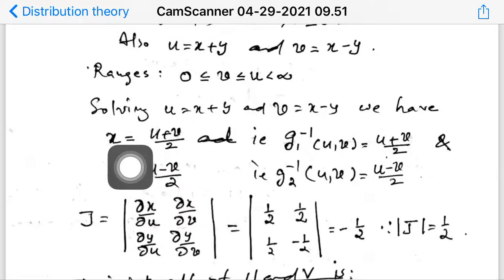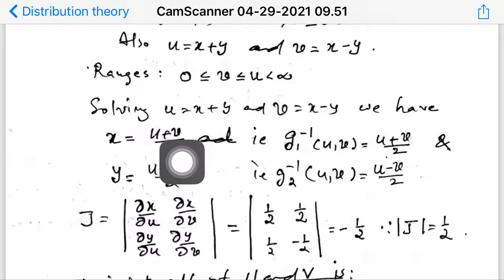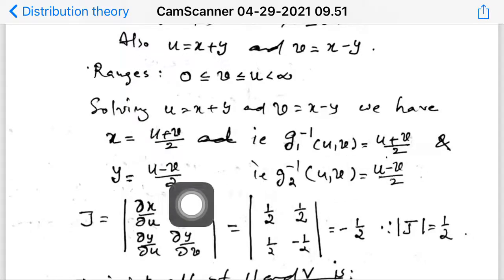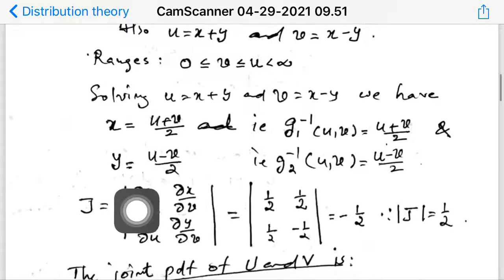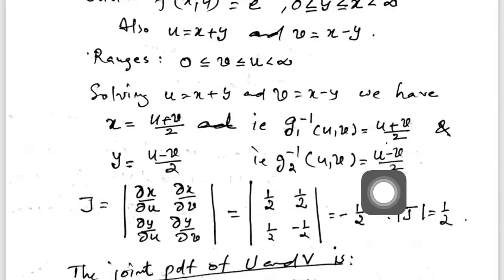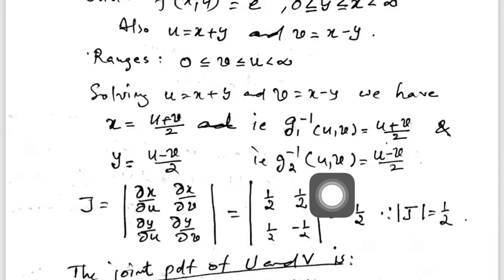So x is expressed in terms of u and v, that is g1 inverse of u and v. Similarly, y is expressed explicitly in terms of u and v, which can be called g2 inverse of u and v, right?